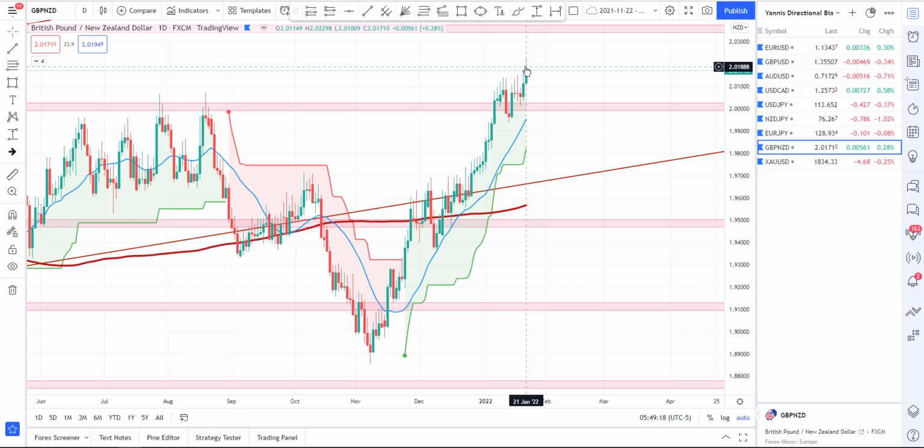So what would I do with that pair? And I'm only saying that to try and explain to you why I'm thinking in the way I do. Okay, so what I would do, I would wait for a retracement.